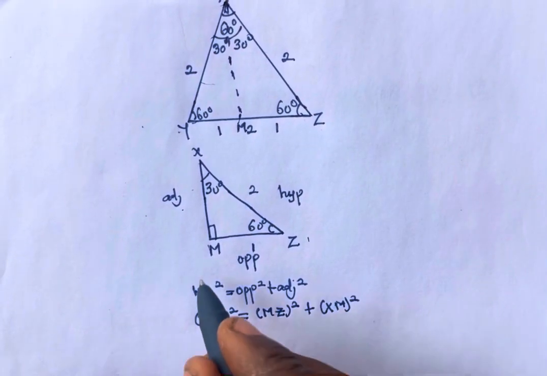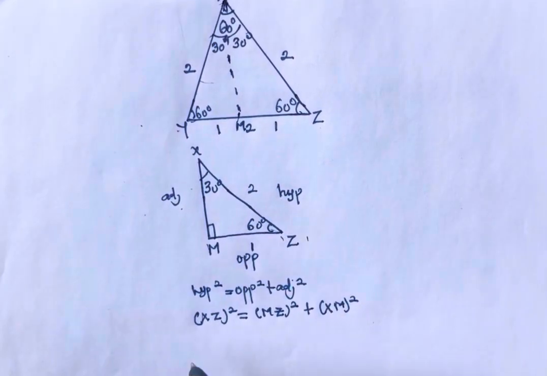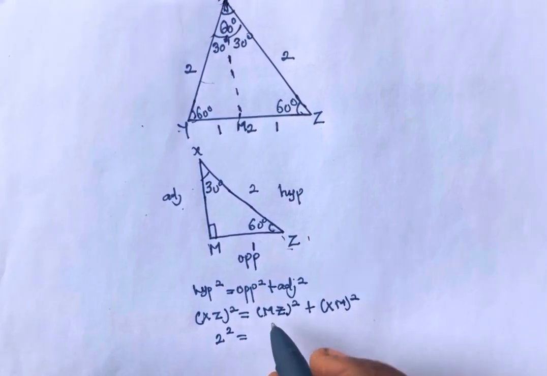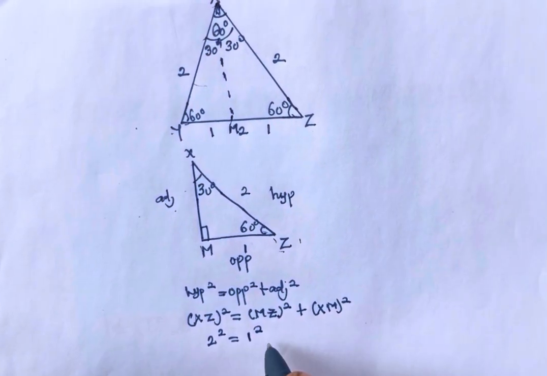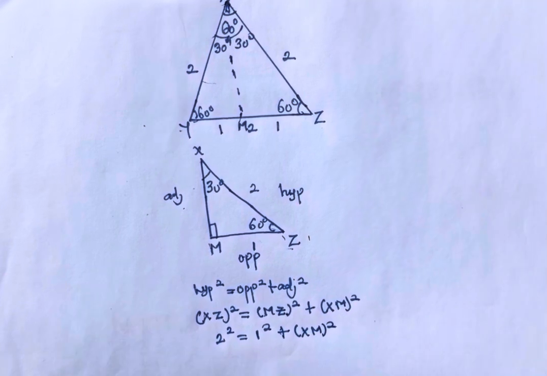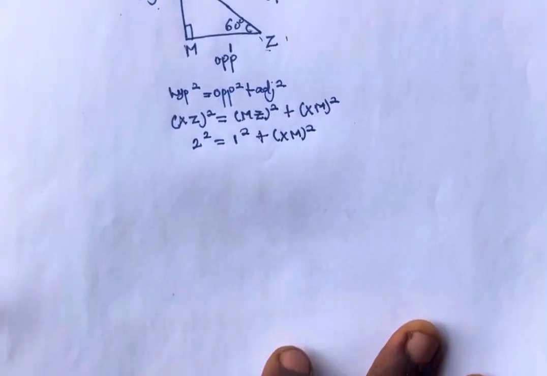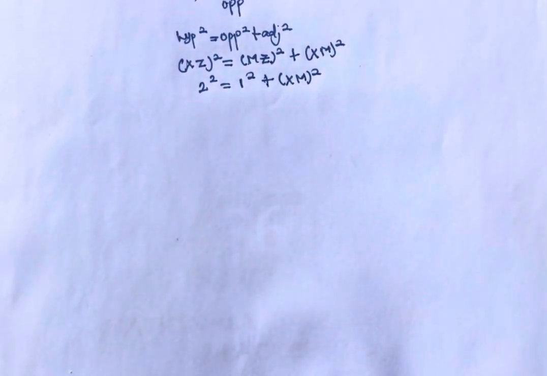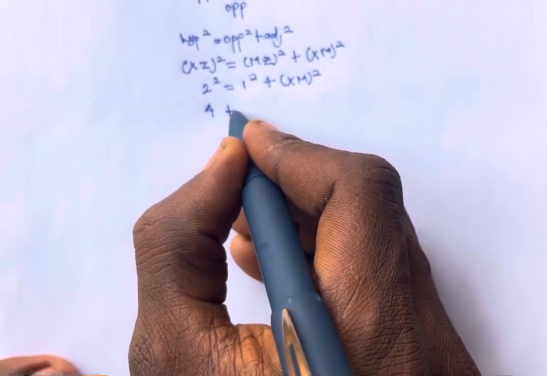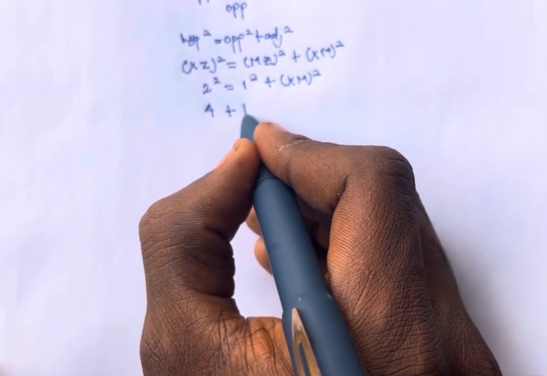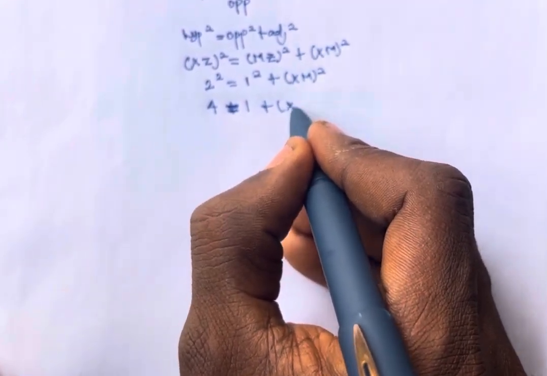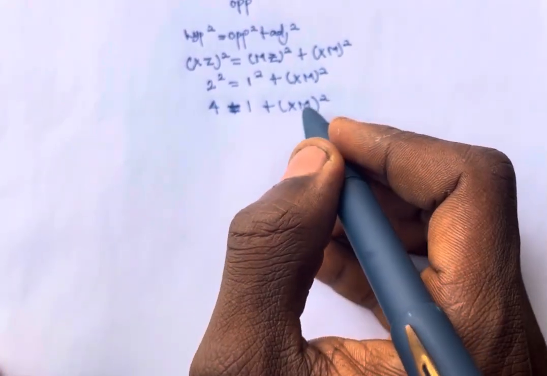Then our XZ is 2, we have 2 square is equal to MZ is 1, we have 1 square, then plus XM square. Then we have 2 square is 4 equal to 1 plus XM square.